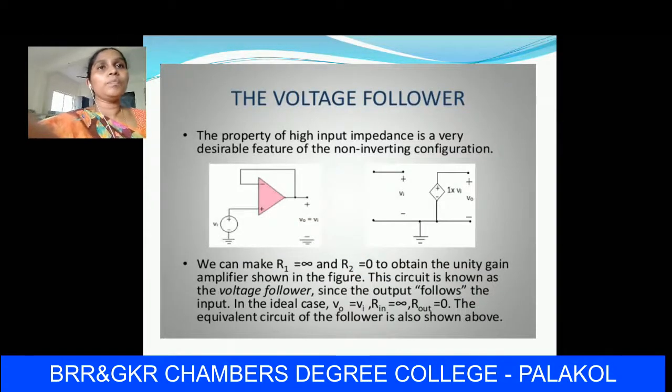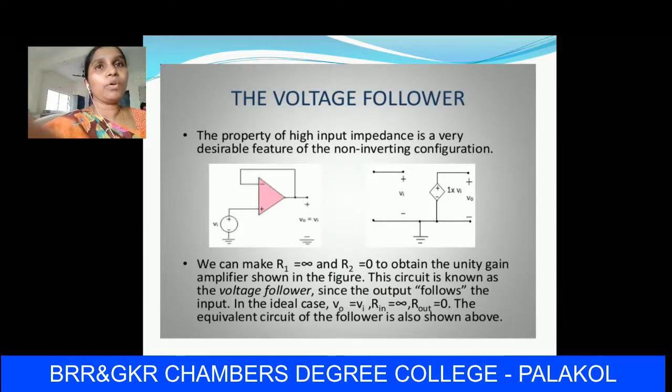Now we will move to another topic, that is the voltage follower. So what is meant by voltage follower? I have already told you that there are so many applications for the operational amplifier. The operational amplifier can also be used as a voltage follower.